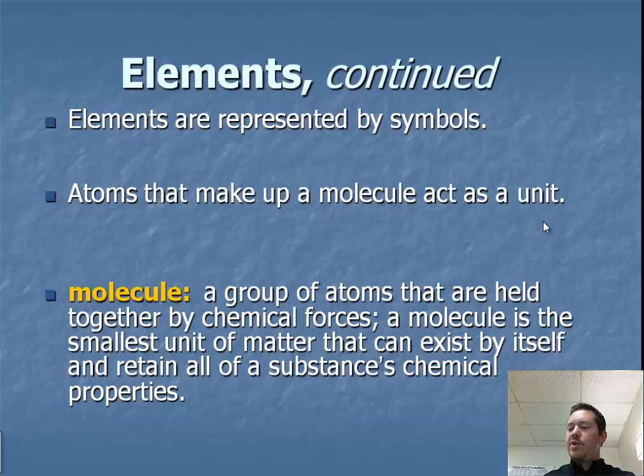So with a molecule, if we consider oxygen as our element, which has the symbol O, when it is found in nature, it actually is found in its molecular form most of the time. So it's found as O2. This is an example of a molecule that's bonded to itself.